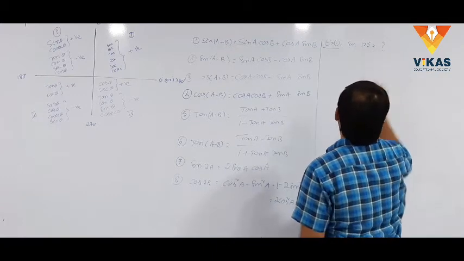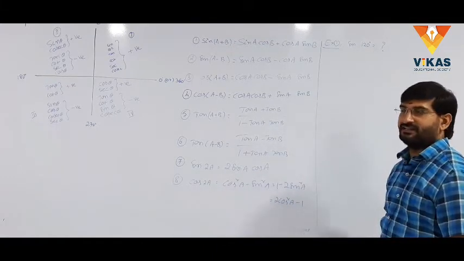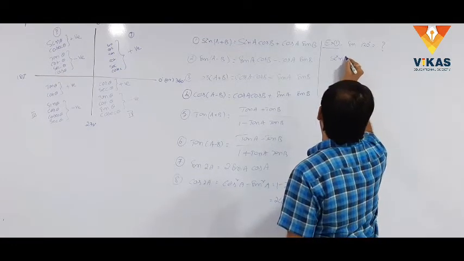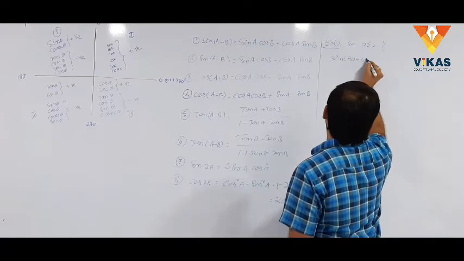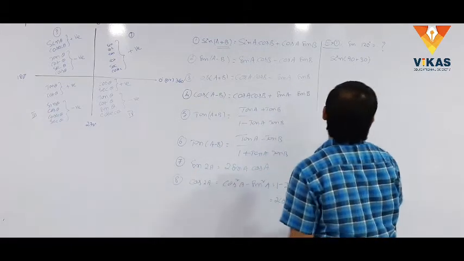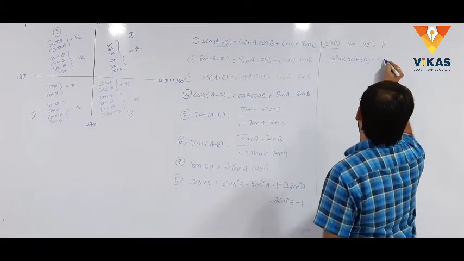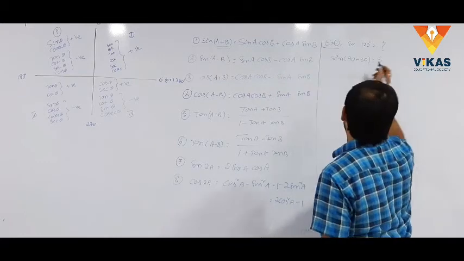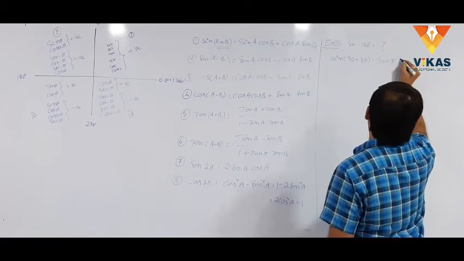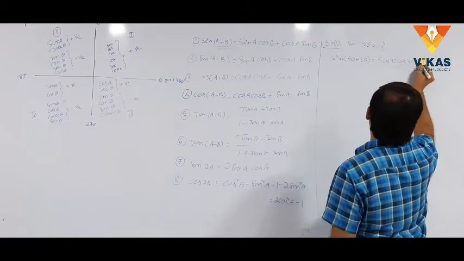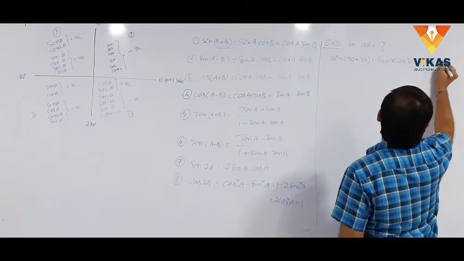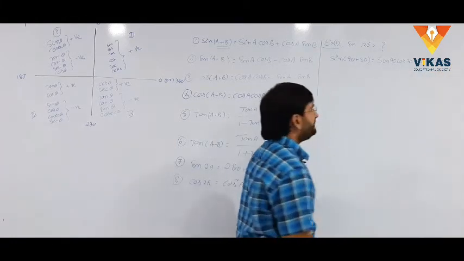We know it can be written as sin of 90 plus 30, which is related to sin A plus B: sin A cos B plus cos A sin B. That is sin 90 into cos 30 plus cos 90 into sin 30.